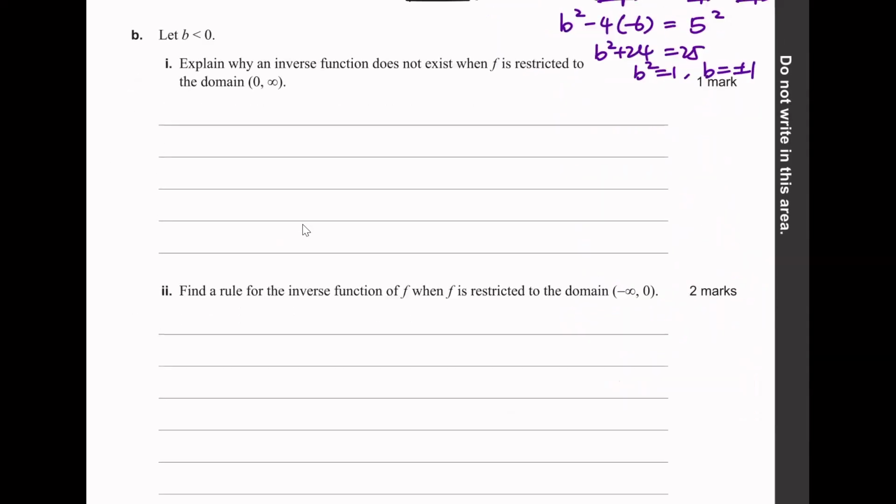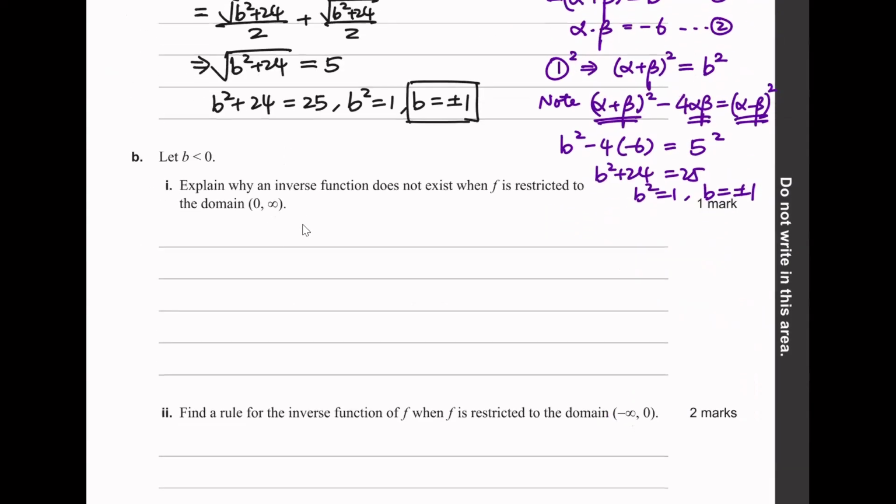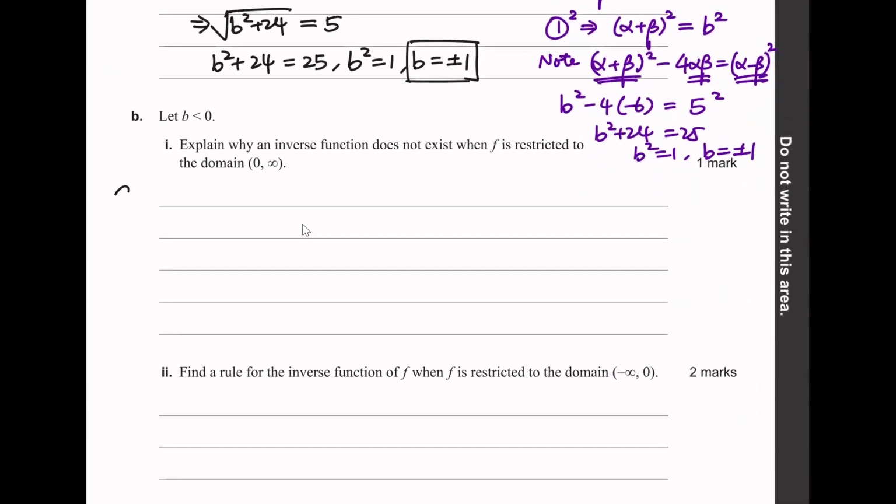Okay, let b less than 0. Explain why an inverse function does not exist when f is restricted to the domain 0 to infinity. In fact, if you complete the square, f of x is x squared plus bx. I can add b squared divided by 4 minus 6 minus b squared divided by 4.